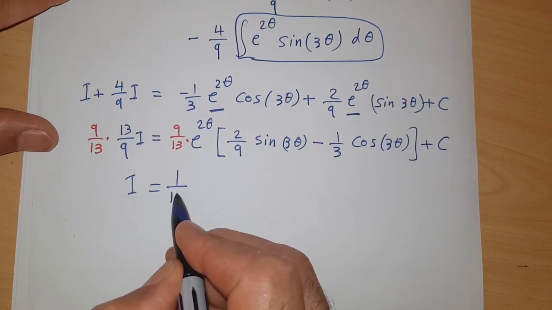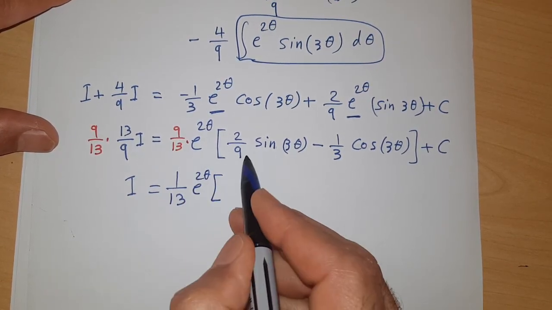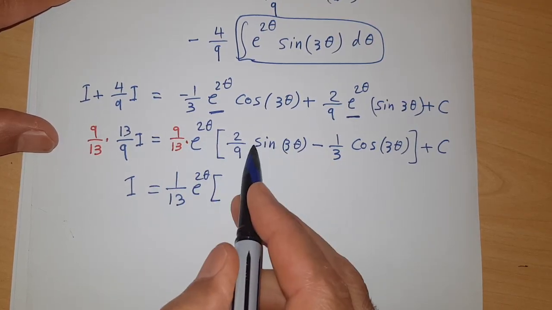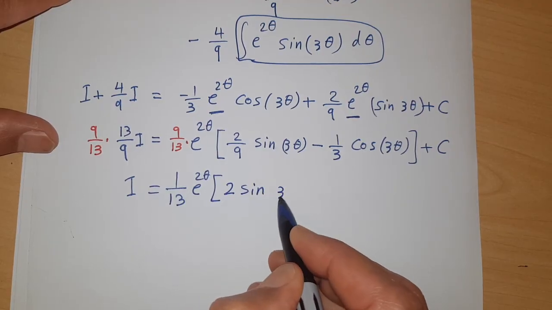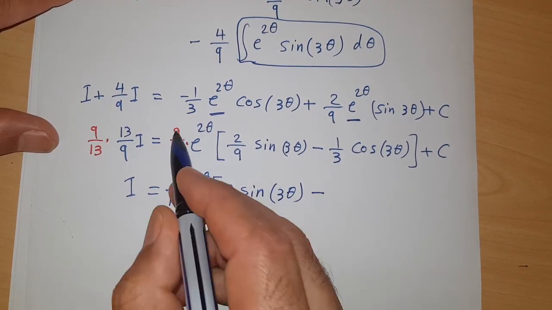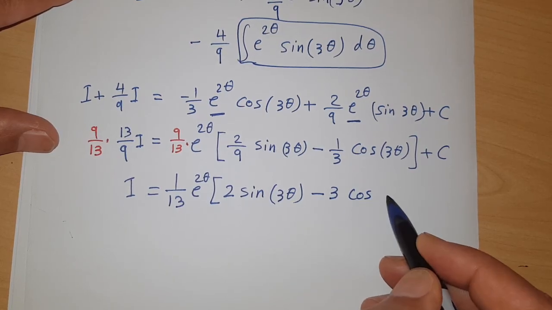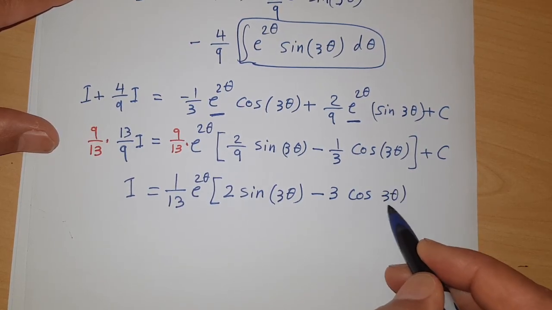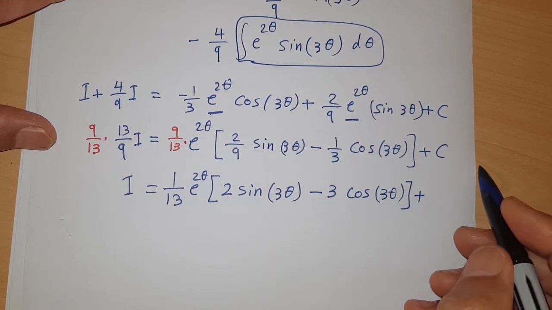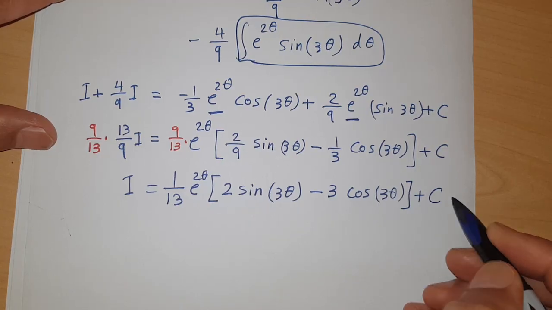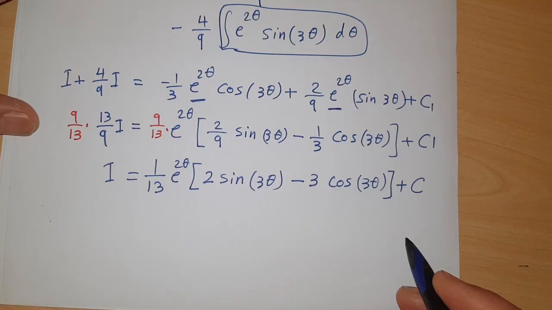So 1/13 e to the 2 theta multiplied 9, keep 1/13, only multiply 9 inside. 9 inside will be 9/9. 1 will be 2 sine 3 theta minus 9 times 1/3 is 3 cosine 3 theta, okay, plus a constant. This is the same constant, so will be also C. You can say this one is C1 and this is only C.